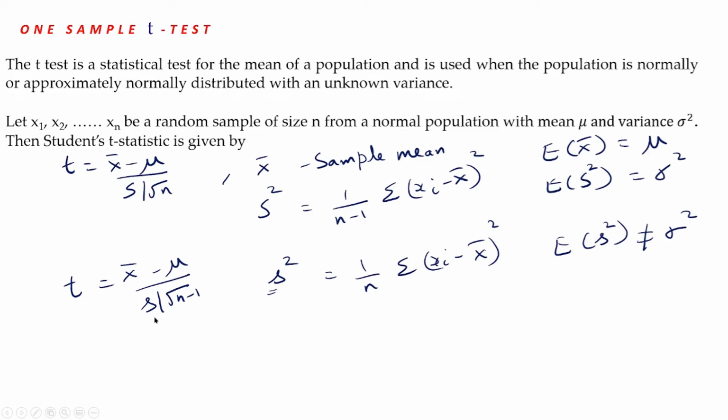Otherwise, if small s, that is the sample standard deviation, is given, then we can use t is equal to x bar minus mu upon s by root of n minus 1. So this is the t statistic that we have to use for the t-test, and it is given by student's t statistic.